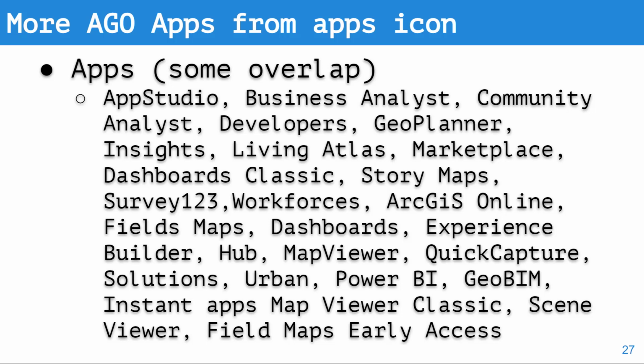You'd be surprised when you start using them. Scene Viewer, again, you can access that typically through the top tab where Content is. You'll see Content, Map, Scene at the top. Field Maps, early access. They're already on the next version of Field Maps. It's only been out for a couple of years. So this stuff's always rolling and always changing.